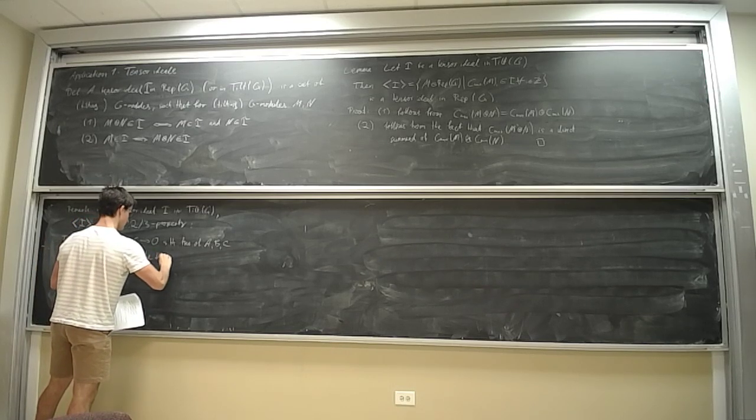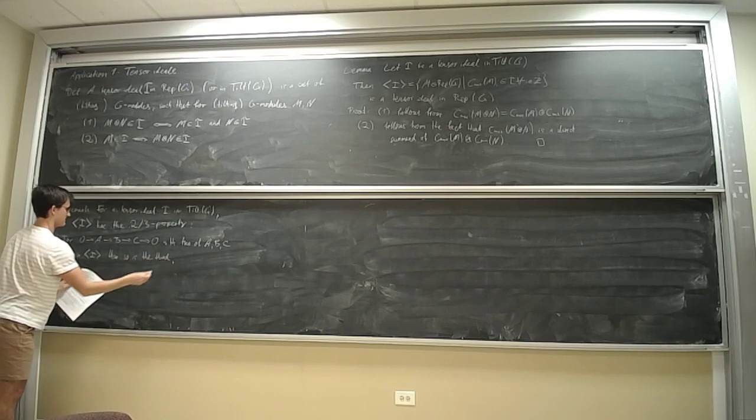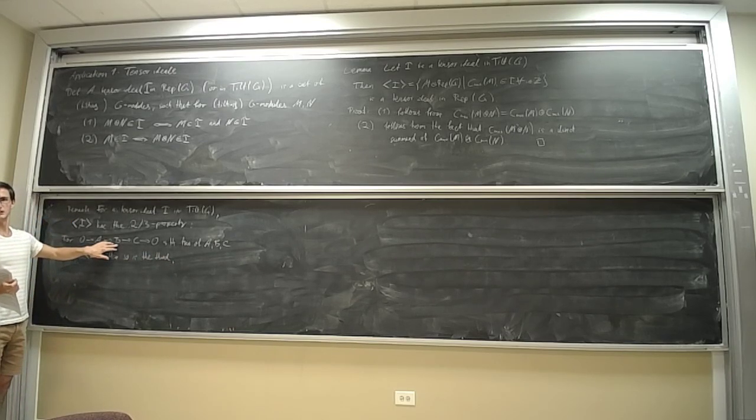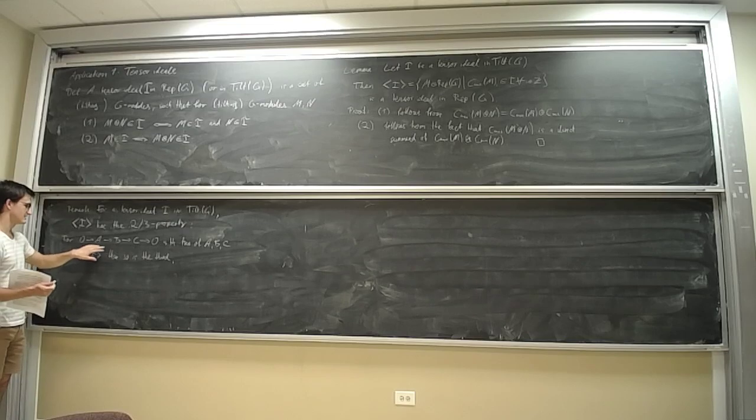So that means that if A and B belong to the ideal, then C also belongs to the ideal. If A and C belong to the ideal, then B belongs to the ideal. And if B and C belong to the ideal, then A belongs to the ideal.